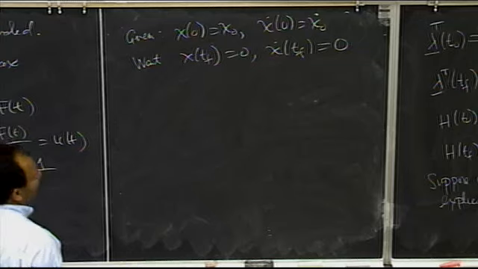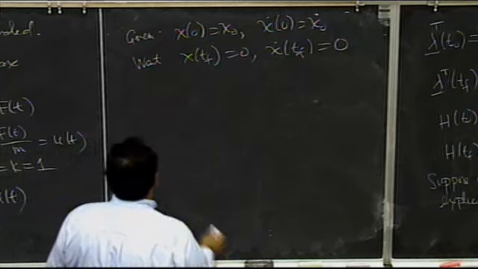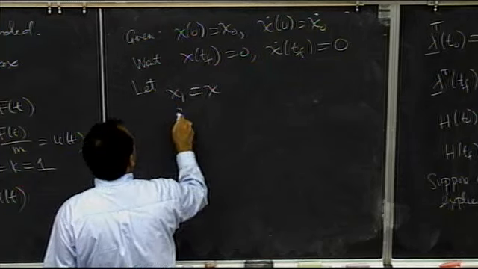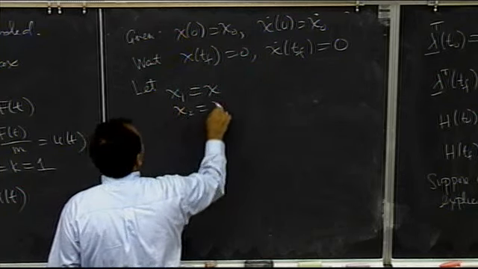So if we do this with the state space model, which is normally what we do, we say let x1 equal x and x2 equal x dot.